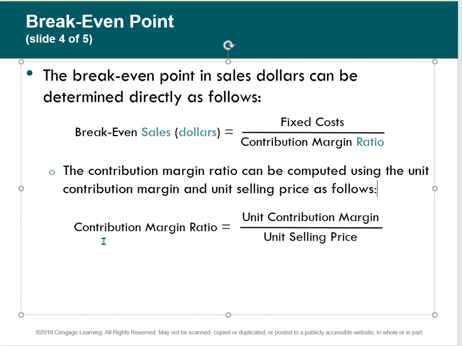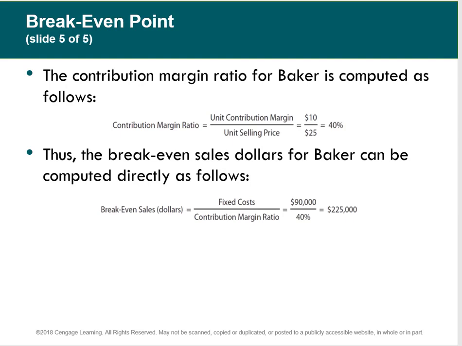So use an easy number, like if my contribution margin is 4 and my selling price is 10, then my contribution margin ratio is 40%. So the contribution margin ratio for Baker would be $10 divided by the $25 selling price, or 40%. So it's the contribution margin divided by the selling price.